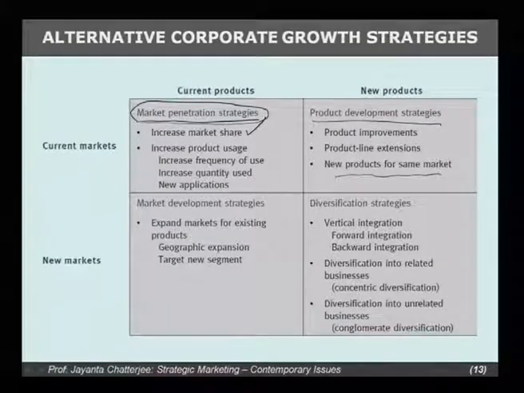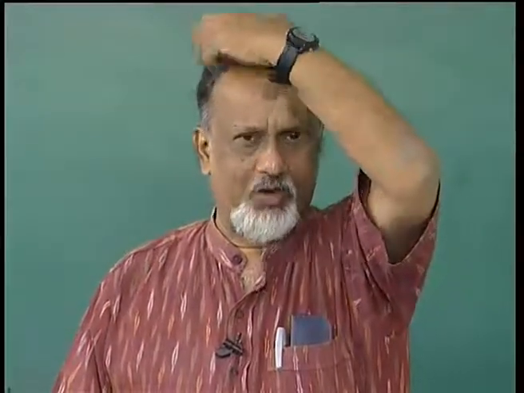New market, current product. Woodland going to China, or Britannia making a deeper thrust into the rural market with different, smaller packaging, or Parle G, the Parle glucose biscuit, now introducing a very high end chocolate chip variant, catering to the luxury end of the market.